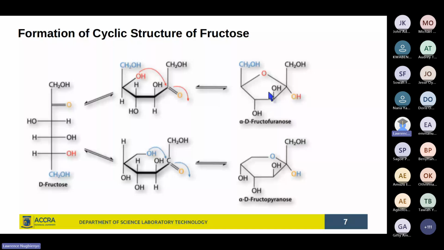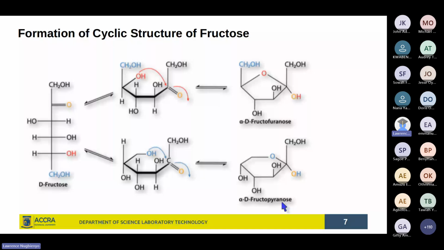Then we also have the OH group on carbon number 6 interacting with that ketone group on carbon number 2. When that happens, you have a 6-sided ring structure, looking just like what we saw with glucose. So you now have what you refer to as a fructopyranose.